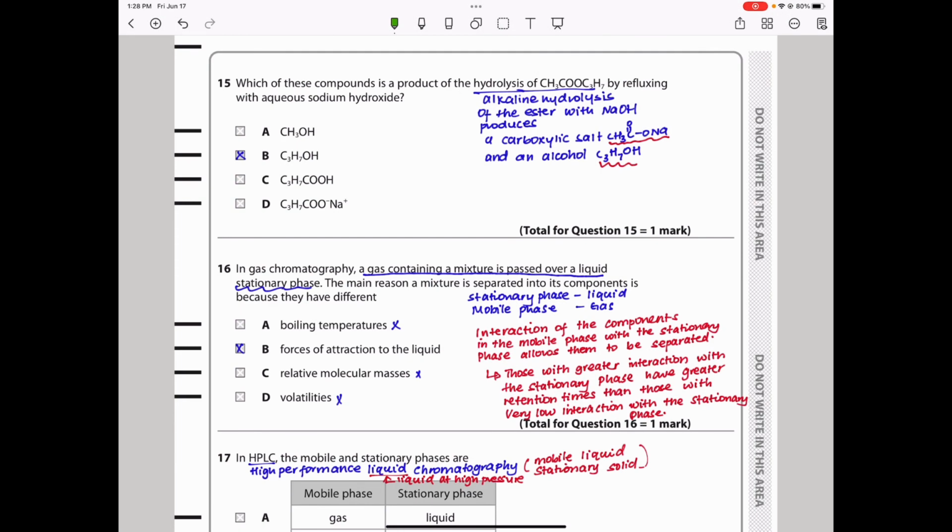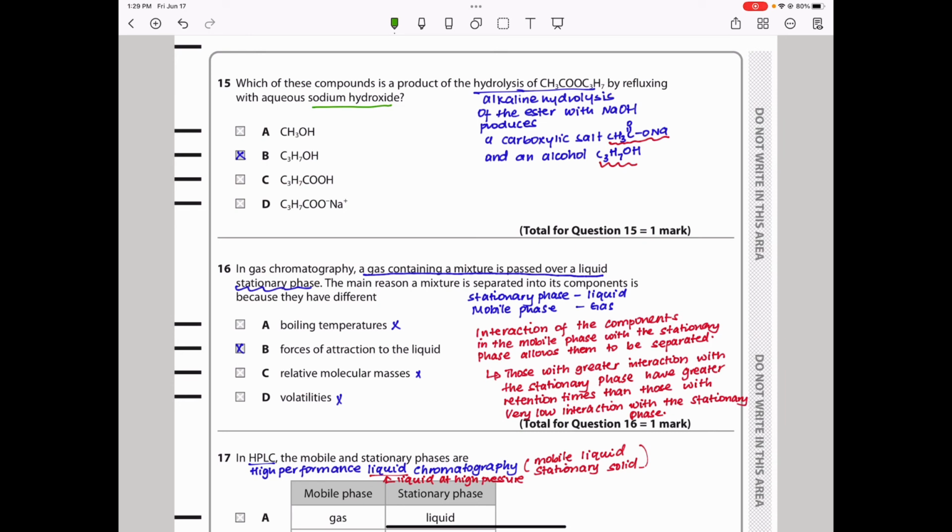Question 15. Which of these compounds is a product of hydrolysis of this by refluxing with aqueous sodium hydroxide? If we are talking about hydrolysis of an ester, when you use sodium hydroxide, that is alkaline hydrolysis, and when you carry out alkaline hydrolysis of an ester, you form a carboxylic salt as well as an alcohol.